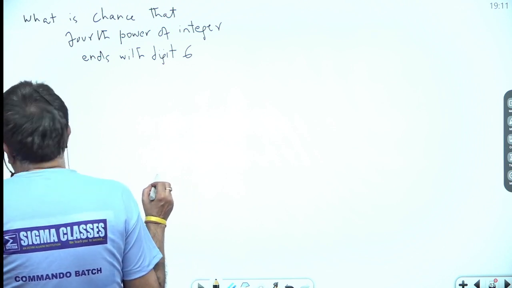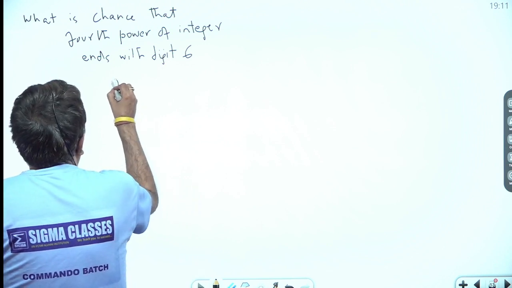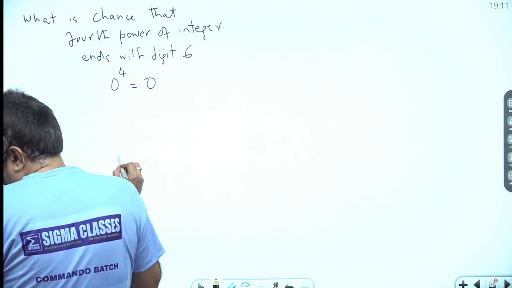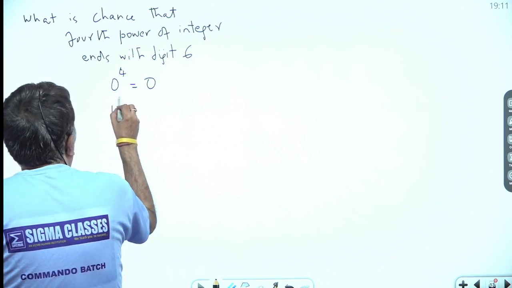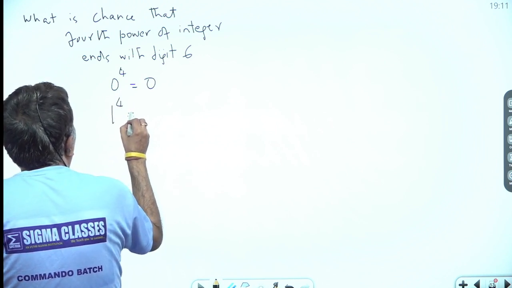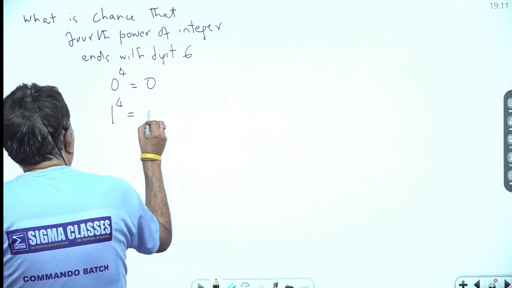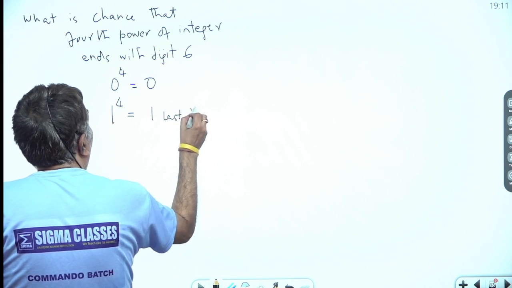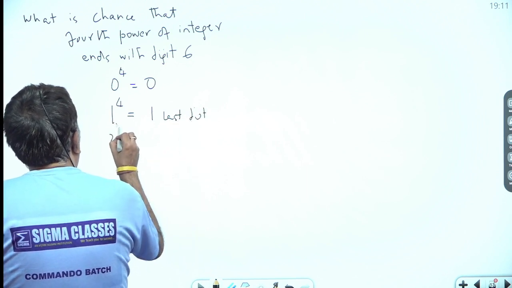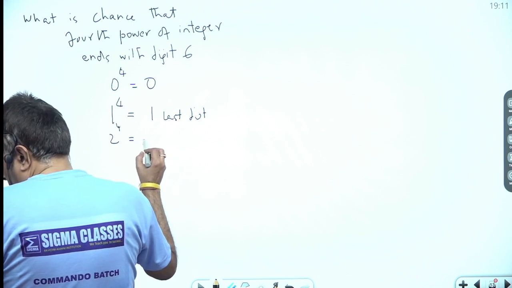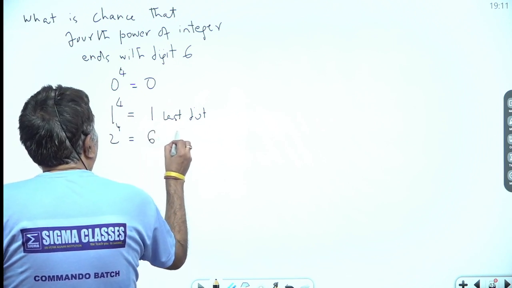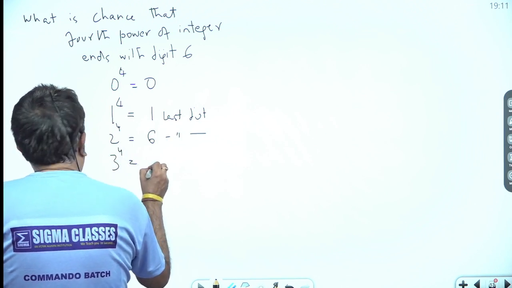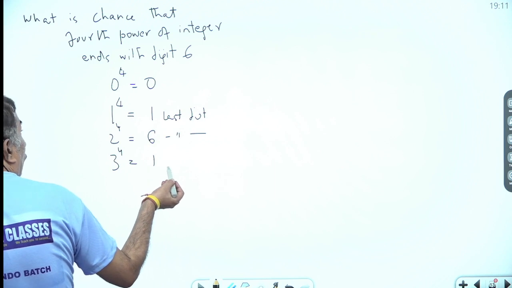So what is the probability? Now we clearly know that 0 raised to power 4 will have 0 as the last digit, 1 raised to power 4 will have 1 as last digit, 2 raised to power 4 will have 6 as last digit, 3 raised to power 4 will have 1 as last digit.